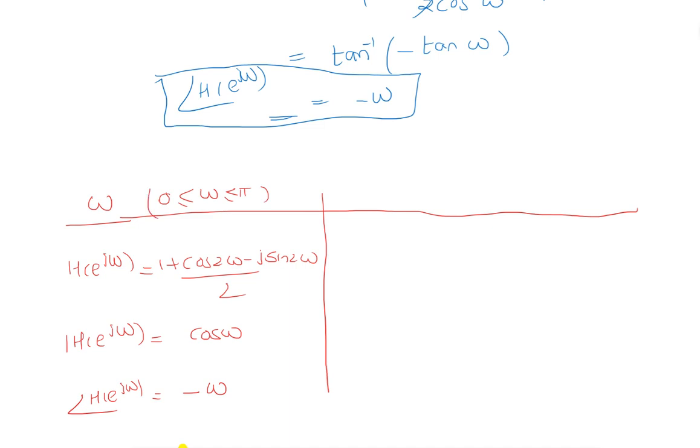I am randomly selecting omega values 0, pi by 6, pi by 4, pi by 3, pi by 2, 2 pi by 3, 3 pi by 4 and pi. I'm taking these values only.